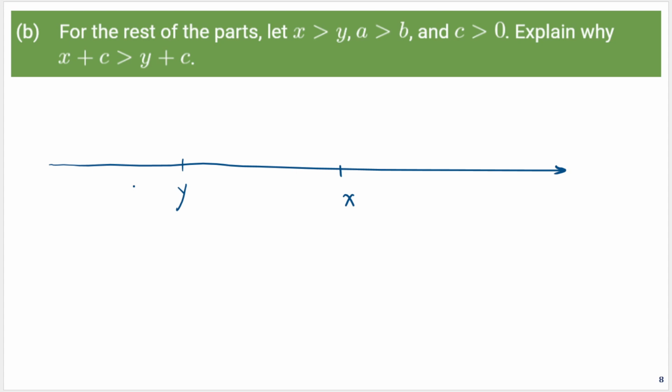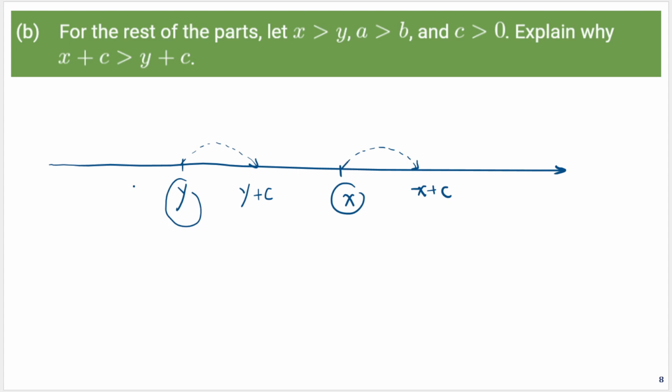In other words, x plus c and y plus c are c to the right of x and y. So suppose this is x plus c here. Then we simply move y to the right for a distance of c. So this is y plus c, right? So if originally x is greater than y, then we move c steps to the right for each of x and y on the number line.